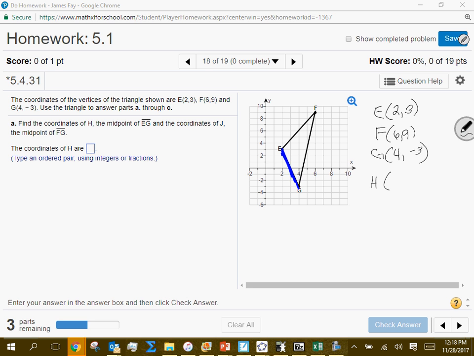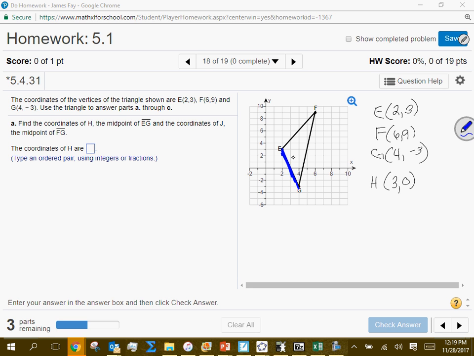Okay? You're always going to add them. I think we get the slope formula confused with the midpoint formula. Okay? So make sure we know which one is which. So E to G, add the x values, get 6, divide by 2, you get 3. And then do the same thing with the y values, and you should get 0, divide by 2, you get 0.